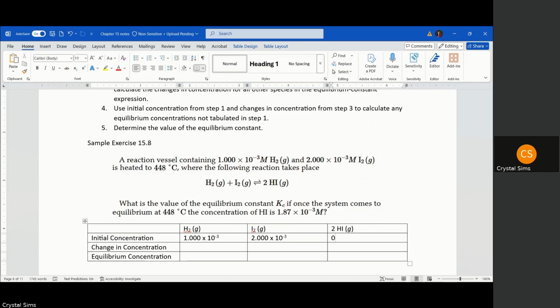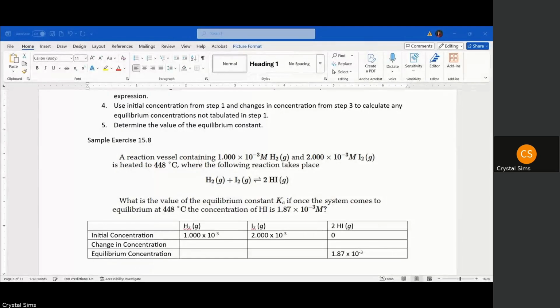All right. Now they also tell us that the equilibrium concentration of the HI is 1.87 times 10 to the negative 3. And at this point, we don't know what the change is yet, and we don't know what our equilibrium concentrations are for the hydrogen and the iodine gases here. Now I've got everything in my table, and I can start filling in the rest of it.